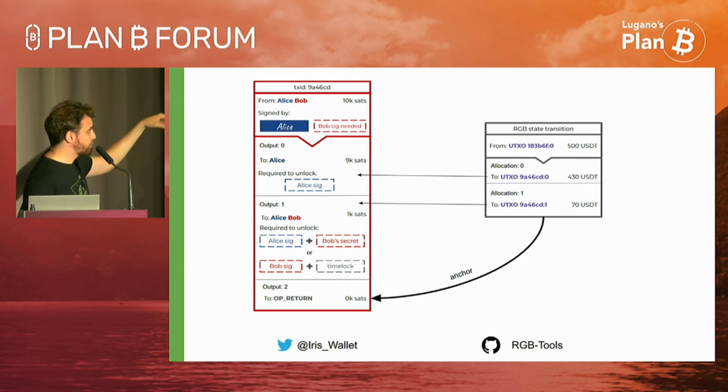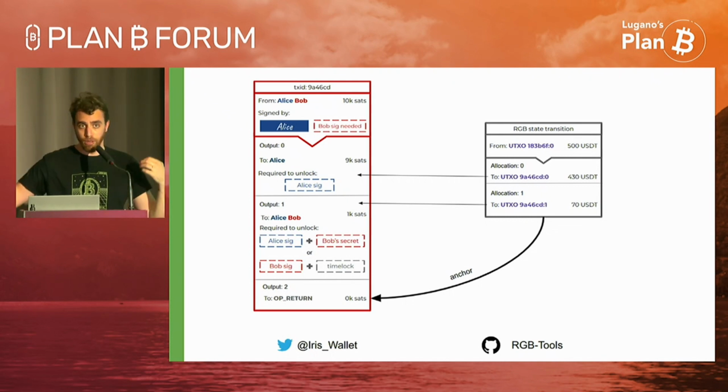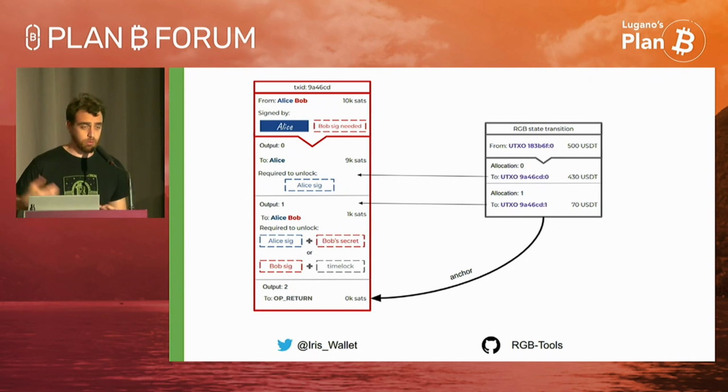And we have the second output where there are two spending conditions. Either Bob can take away both the Satoshi and the USDT after a time lock, or if this was actually an old state of the channel, Alice can take whatever is in the second output by disclosing the secret of Bob that was shared when they updated the channel.